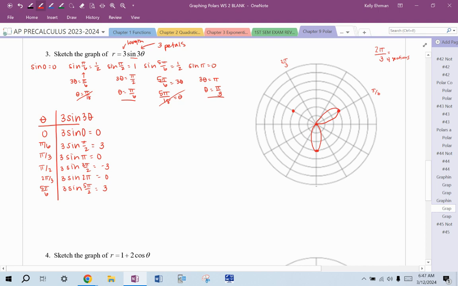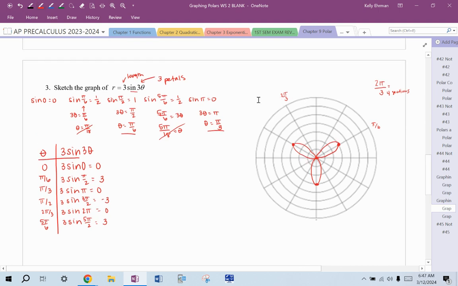So face 5 pi over 6 and go out 3. Yep, and then we're going to get back to the center. So you can use a little bit of geometry to help you out too. I had that graphed pretty quickly. What if I would have gone with just the petal tip thing? And then you just need to draw in your petals with a smooth curve like this. Yeah, so that's pretty good for that curve.